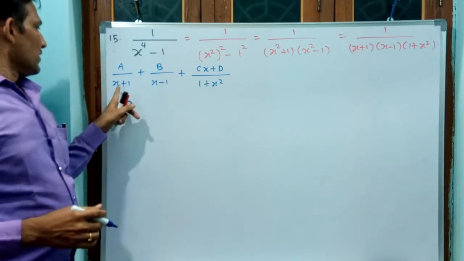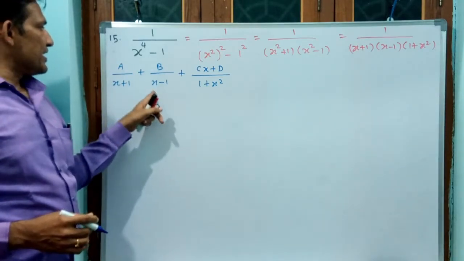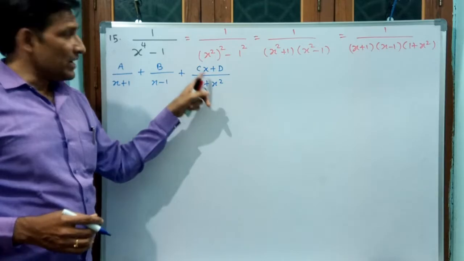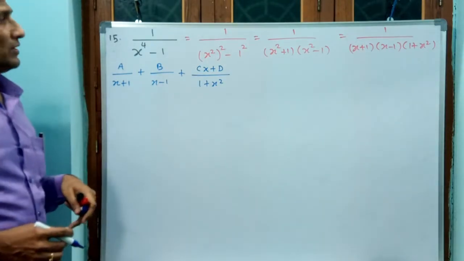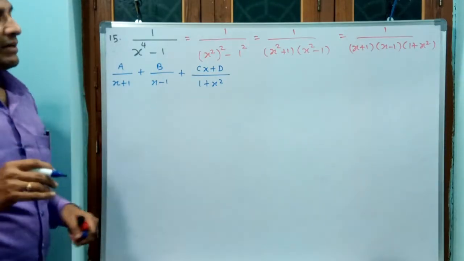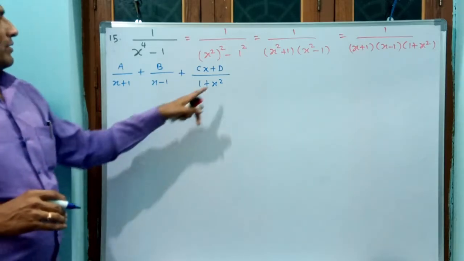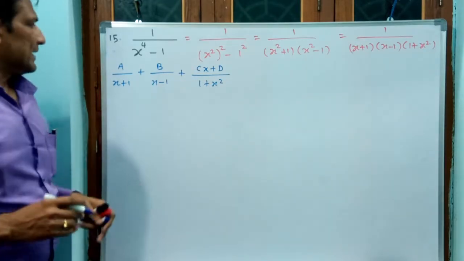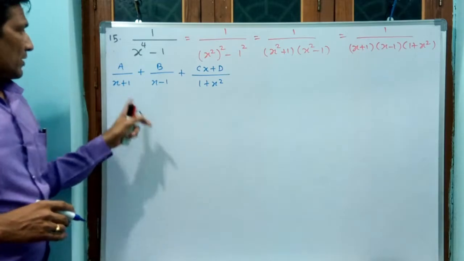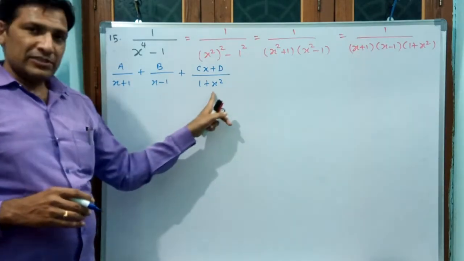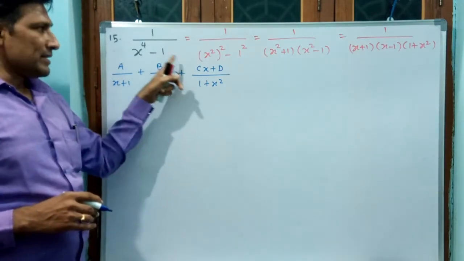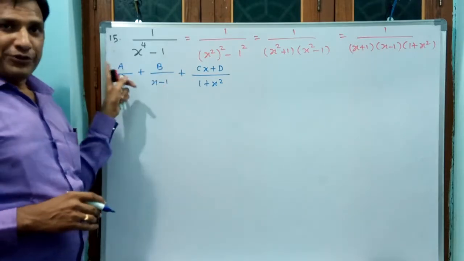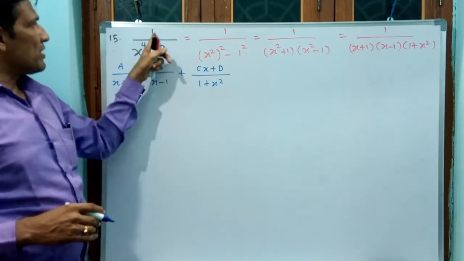Because for a linear denominator the numerator is a constant, and for a quadratic one, a linear numerator should come. You should take it very carefully. Cx plus D is the correct one. Now if you multiply the denominators by the LCM, this is going to happen. That is why we take only the numerators after cross multiplication and equate with 1.